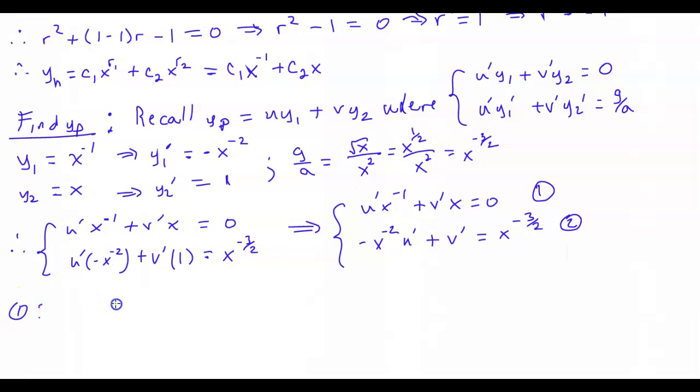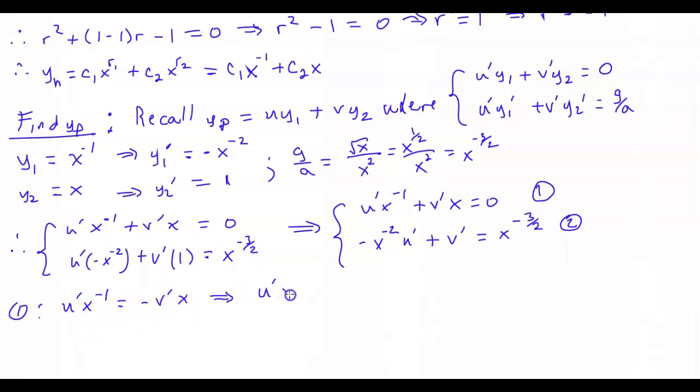Using equation 1, I can rewrite this as u prime x raised to the negative 1 is equal to minus v prime x. That's just subtracting v prime x from both sides. Then to solve for v prime, I divide both sides by x.